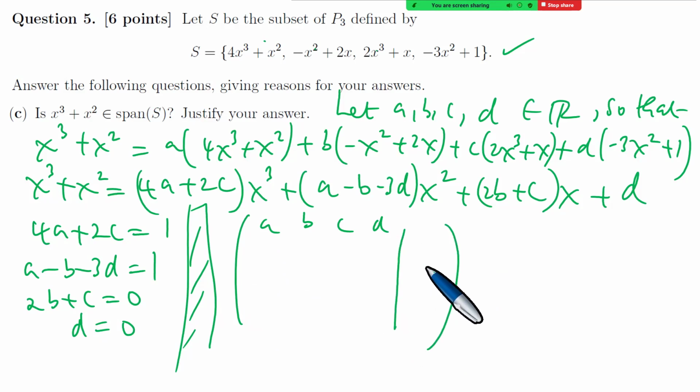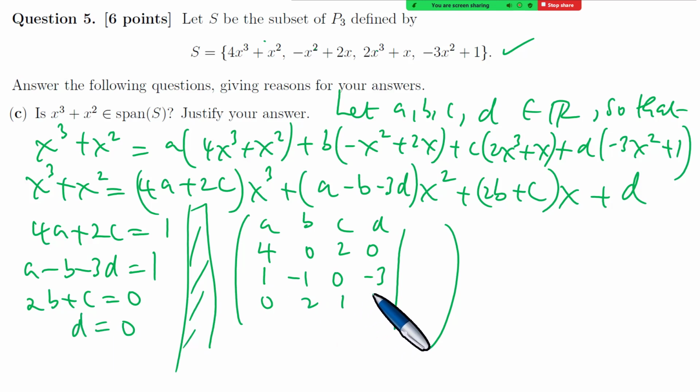We use an augmented matrix because we have non-zero numbers on the right. For A it's 4, B is not there, C is 2, 0. The next row is 1 for A, -1 for B, 0, -3. The next has 0 for A, 2 for B, 1 for C, 0. The right-hand side is 1, 1, 0, and then 0, 0, 0, 1, 0.